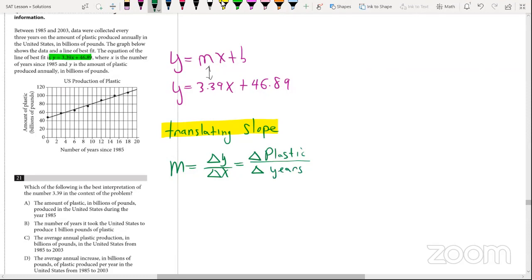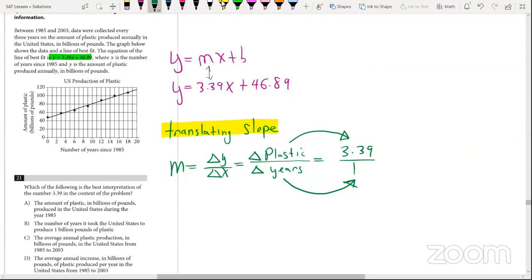Now, by the way, in these expressions, the denominator is usually 1. So for every 1 year that changes, by how much does the plastic change? It changes by 3.39. So in other words, 3.39 is the same as 3.39 over 1. And that fraction means that we have a change of 3.39 billions of pounds of plastic per year. So the plastic changes by 3.39 for every 1 year that goes by.